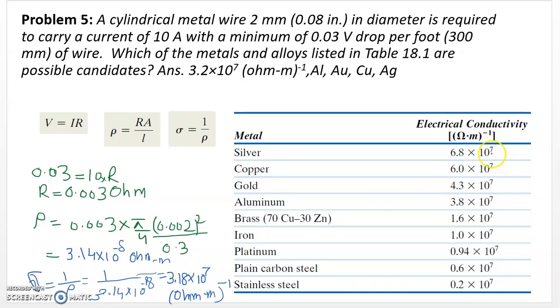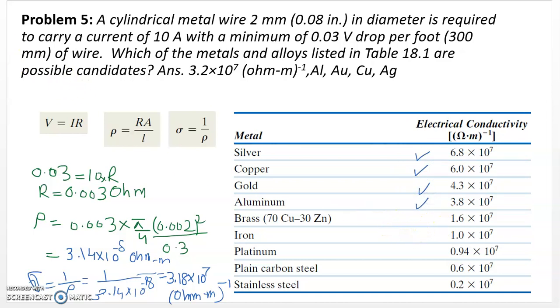All values here are given in terms of 10 to the power 7. We can see that silver is 6.8, greater than 3.18, so silver is acceptable, copper is acceptable, gold is acceptable, aluminium is acceptable.